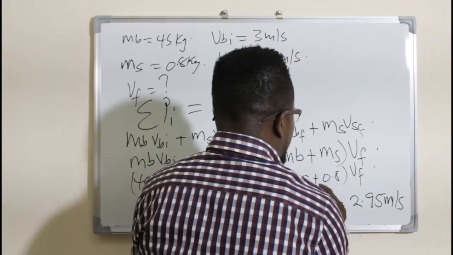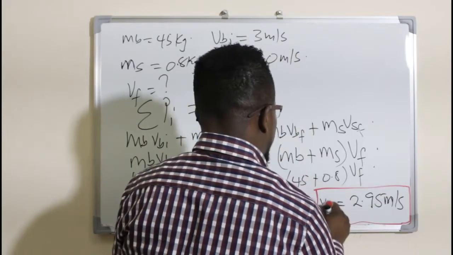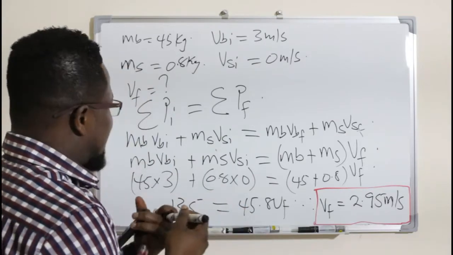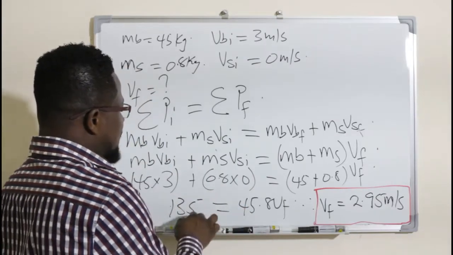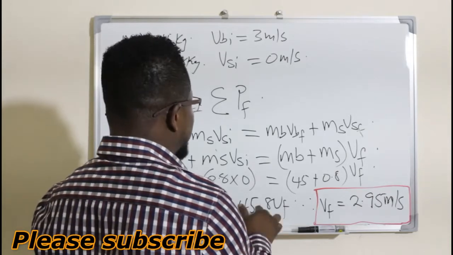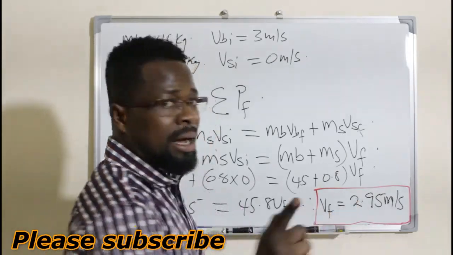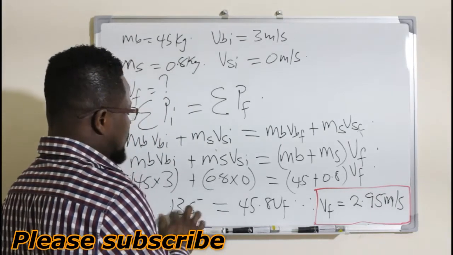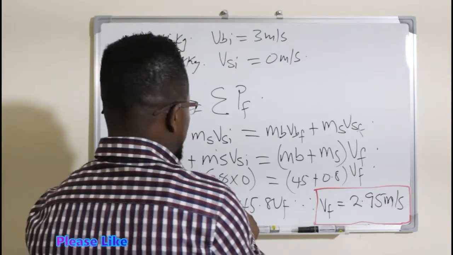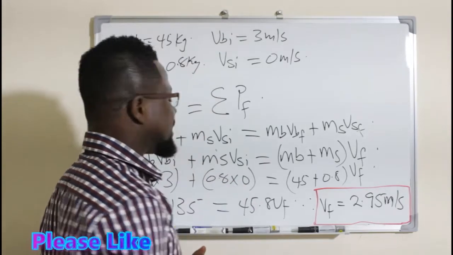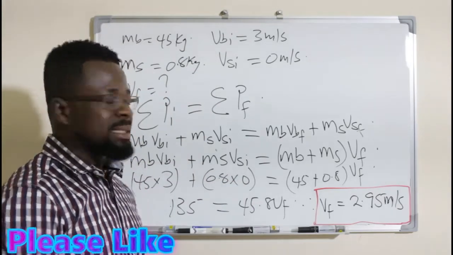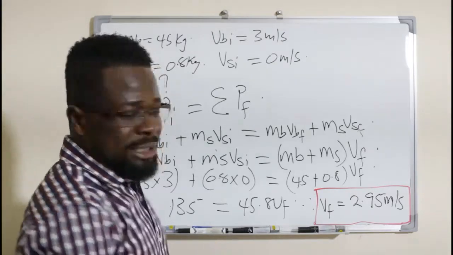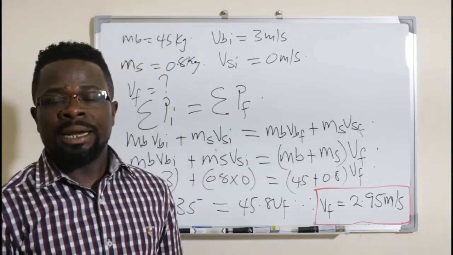I can decide to leave my answer in the right sigfig. If we are leaving our answer in the right sigfig, we are dividing, so we have to leave our answer in the lowest decimal place. And here the decimal place is nothing, so it should be a whole number. So therefore we should have it as 46 meters per second. That is the right sigfig. Right. Okay. Let's move on to look at the next question.